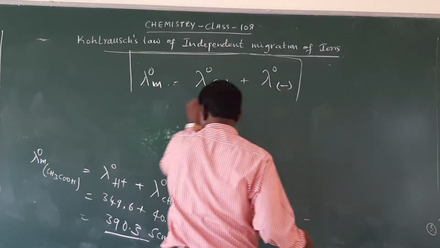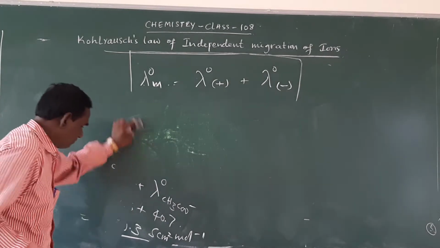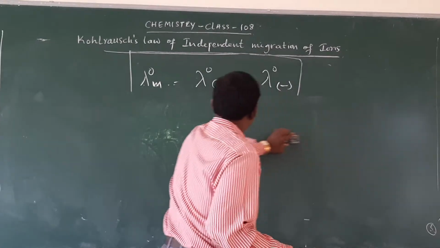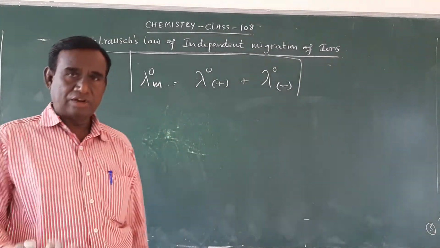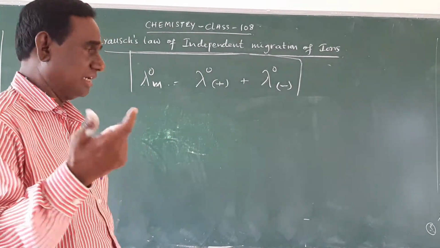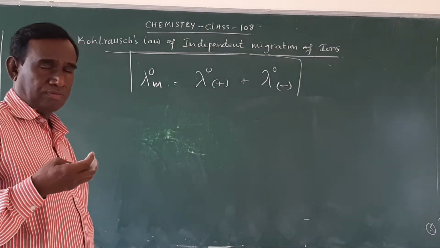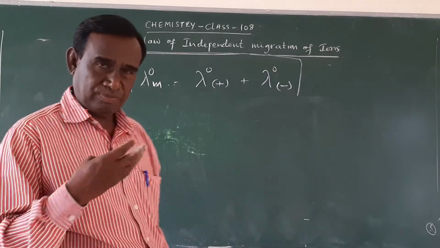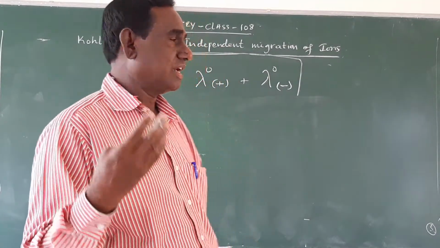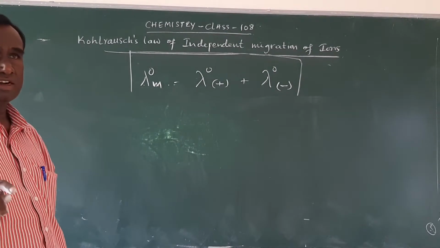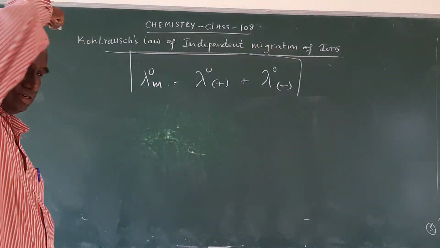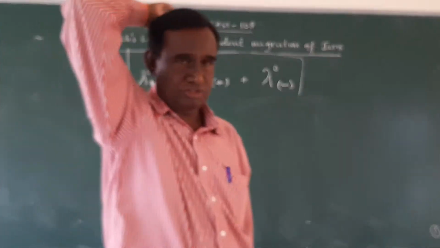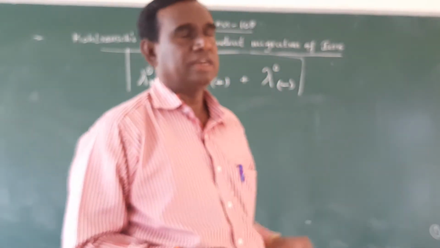The second application is that the lambda naught values for weak electrolytes cannot be calculated directly, because of the direct method. For strong electrolytes only, a straight line is obtained; if it is extrapolated to zero concentration, we get the lambda naught value.